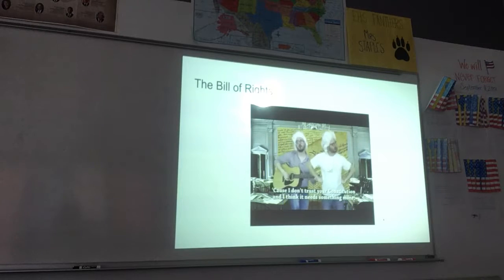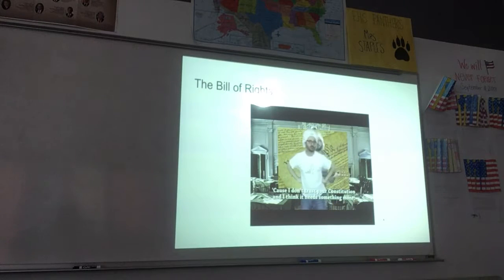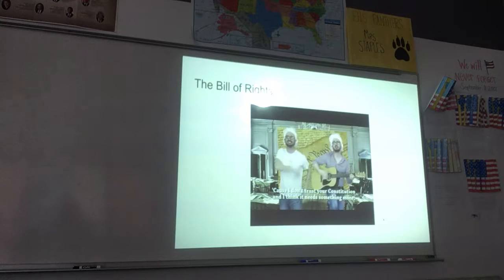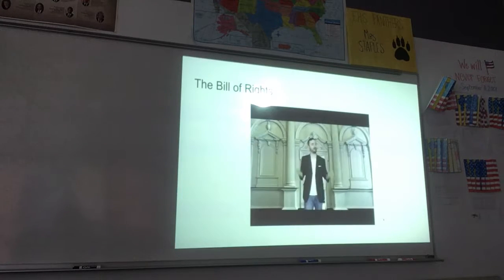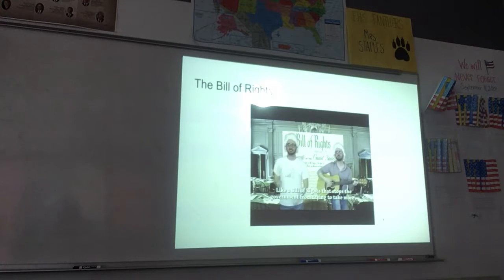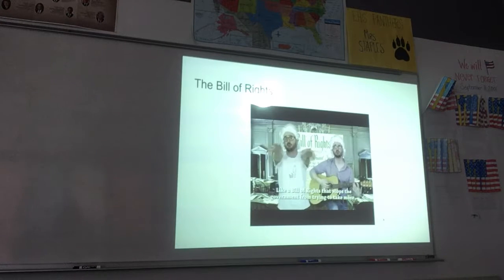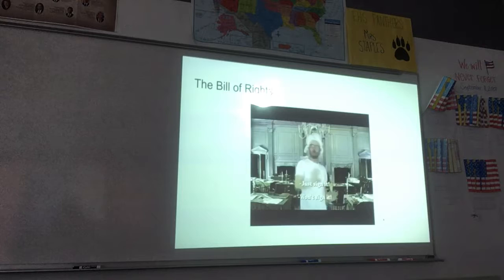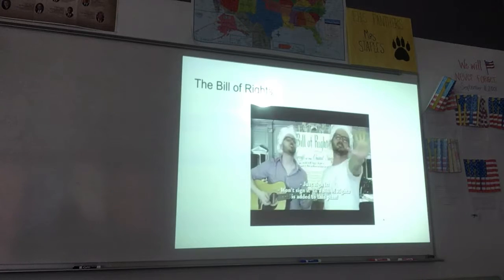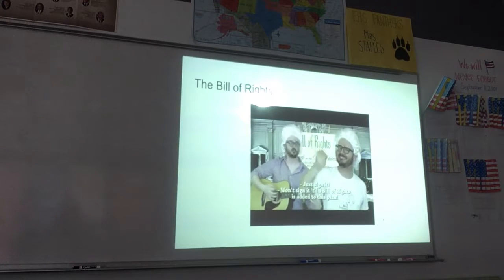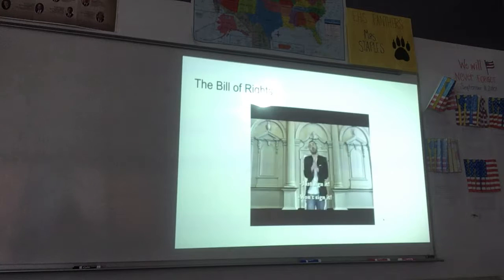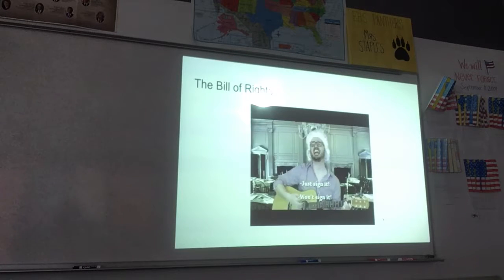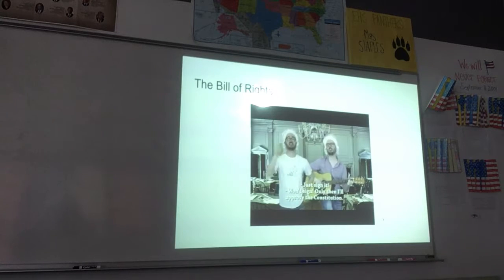'Cause I don't trust your Constitution, and I think it needs something more. Like a Bill of Rights that stops the government from trying to take more. Just sign it, till a Bill of Rights is added to the plan. Only then I'll approve the Constitution.